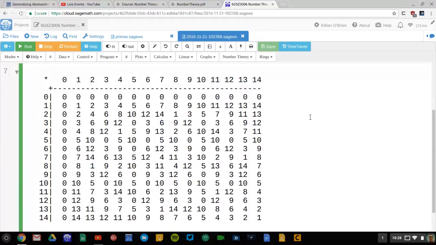So which elements are causing a problem? Some elements don't have inverses. The ones that don't have inverses are 3, 5, 10, 9, sorry, skip 9, 12. 6 doesn't have one either.